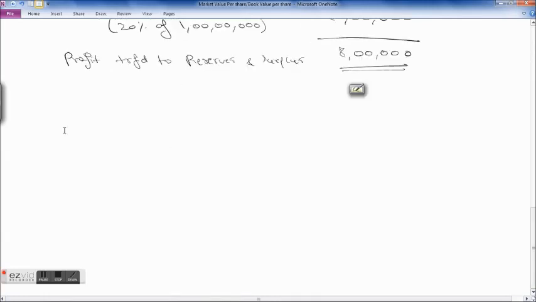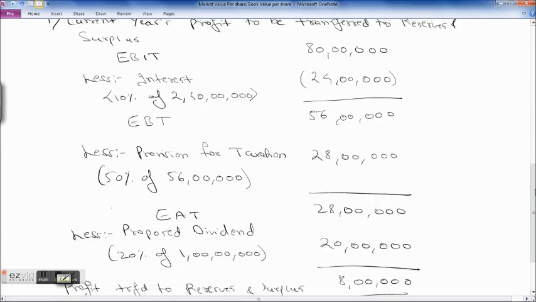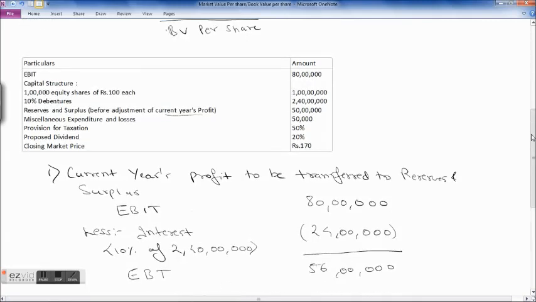Now we will calculate the book value per share. Book value per share is equity share capital plus reserves and surplus excluding revaluation reserve, minus your miscellaneous expenses and losses, divided by the number of shares outstanding.